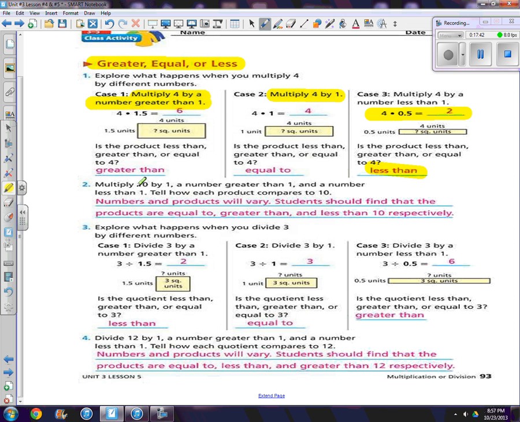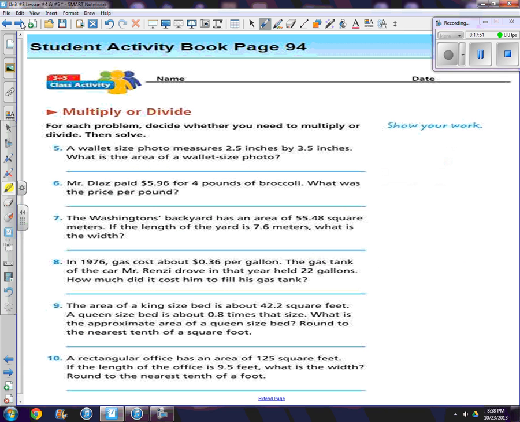Multiply 10 by 1, a number greater than 1, and so same thing they did down here for number 3 and 4. All right, let's look at 5, and I do want us to solve this. It says for each problem, decide whether you need to multiply or divide, and then it wants you to solve it.